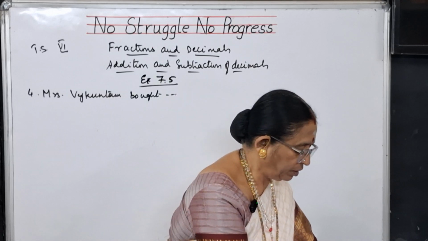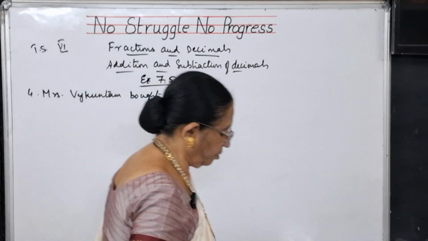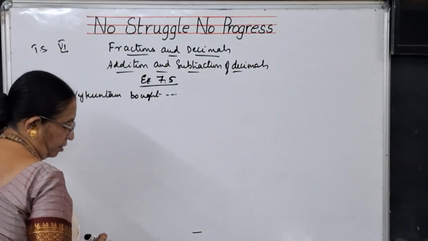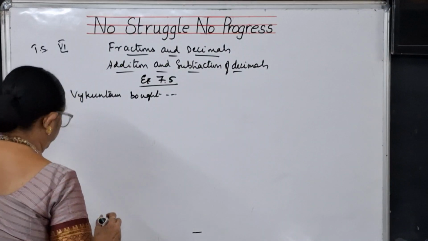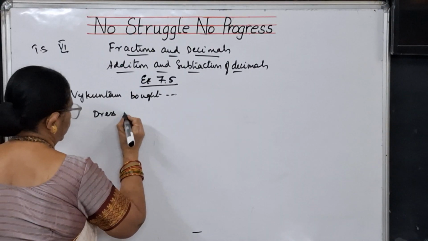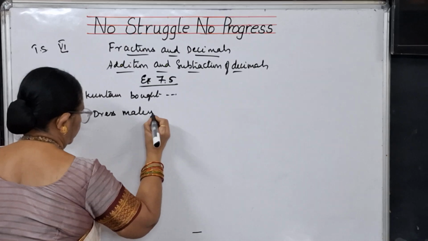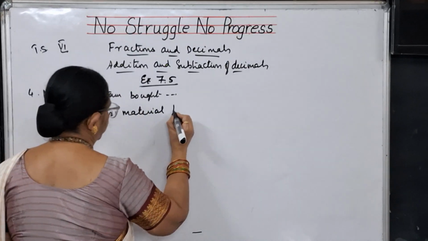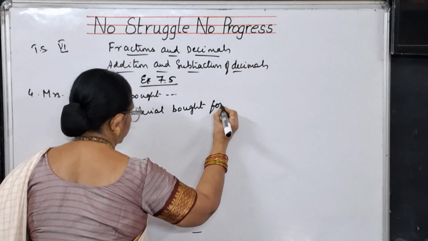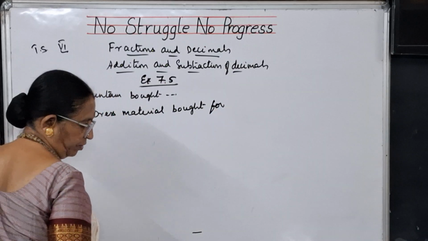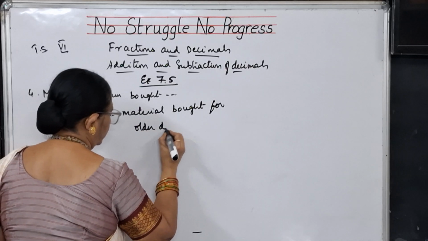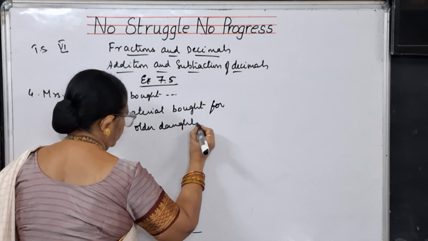So total how much she has purchased. So the dress material bought for the first one, older daughter.